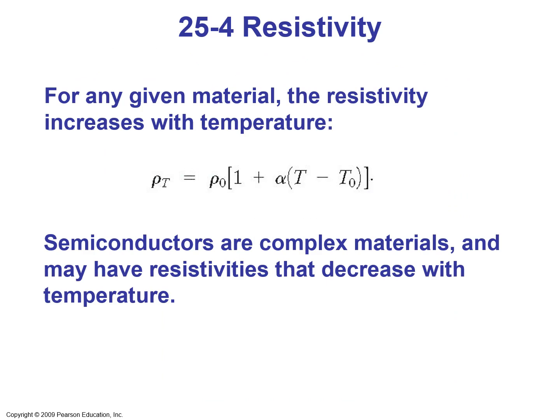For any given material, the resistivity increases with temperature. Rho of T, resistivity, is equal to rho naught times 1 plus alpha times T minus T naught. Semiconductors are complex materials and may have resistivities that decrease with temperature.